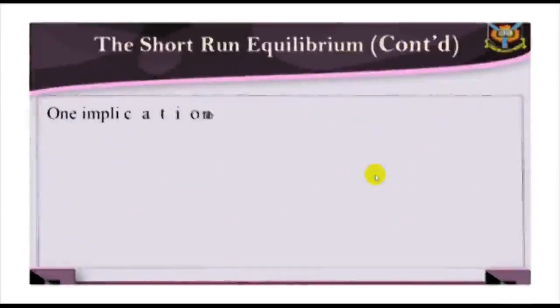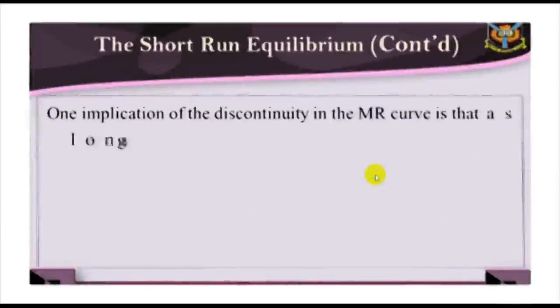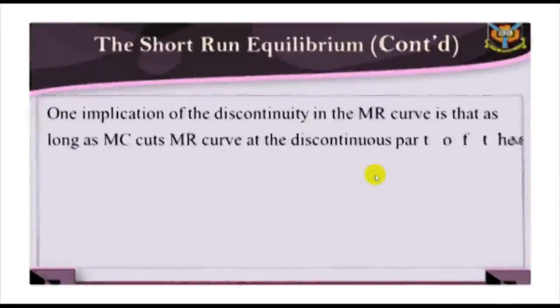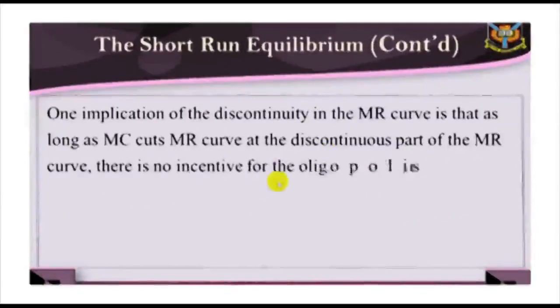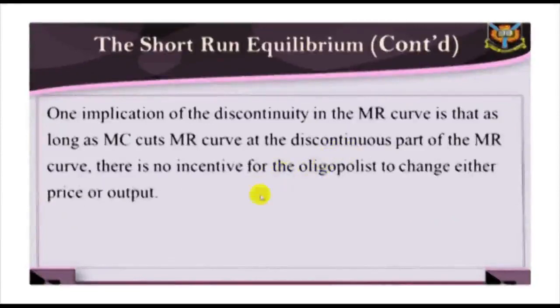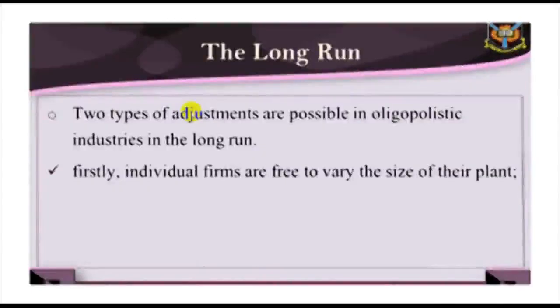One implication of the discontinuity in the MR curve of the oligopolistic firm is that as long as MC cuts the MR curve at the discontinuous part of the marginal revenue curve, there is no incentive for the oligopolist to change either price or output. Long run. Two types of adjustments are possible in the oligopolistic industries in the long run.